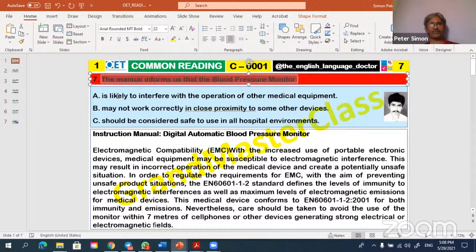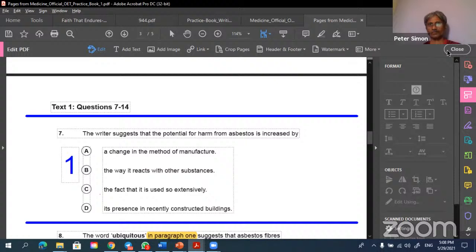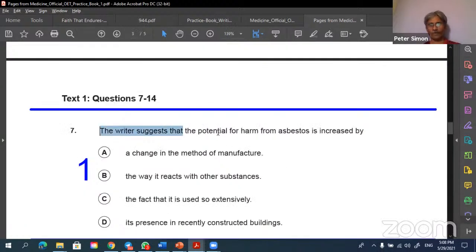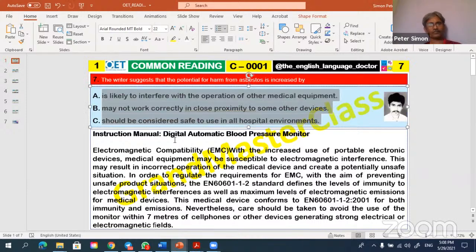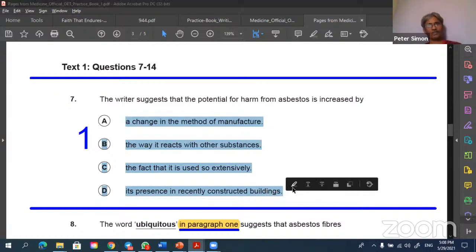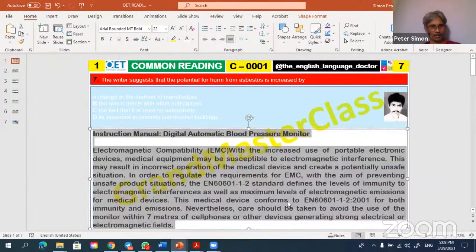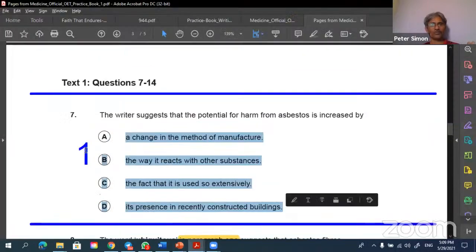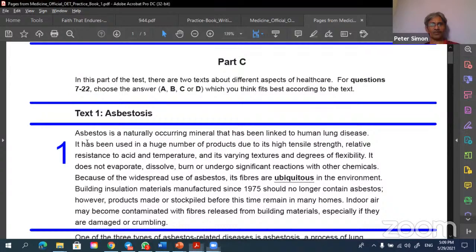Right. See how the construction of the question will be. Okay. This is the question. So we have 4 options now. Control V. Okay. Then we have the paragraph. So we'll go to the paragraph number 1. Just 1 second.